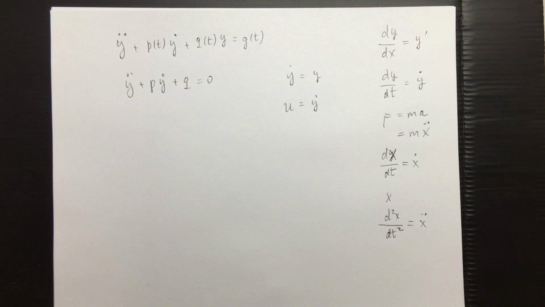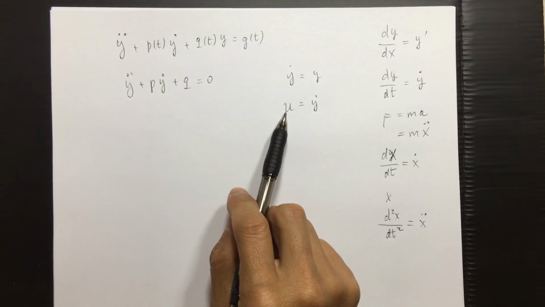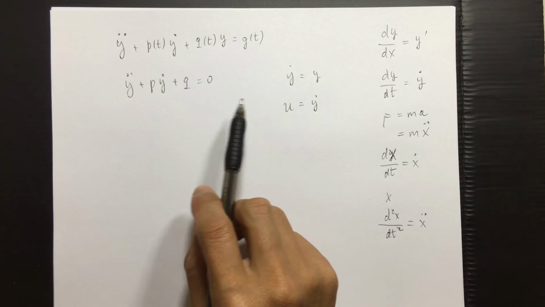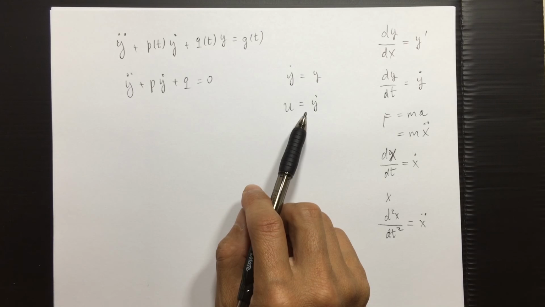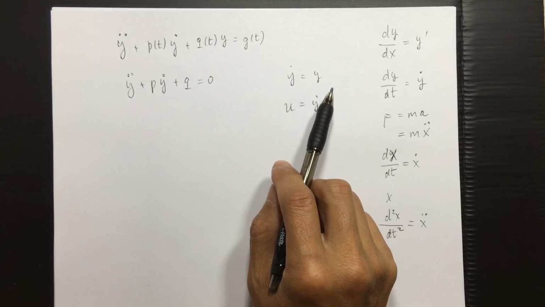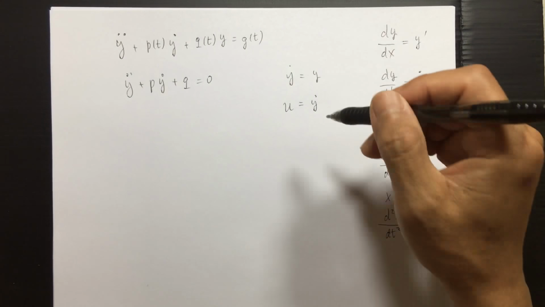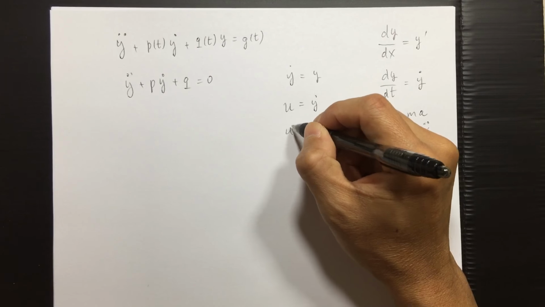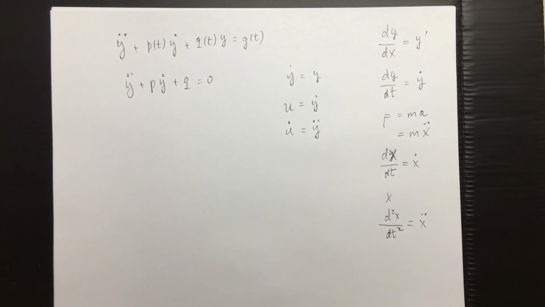Not really. What I'm trying to do is make this into u now. One dot came down, one dot disappeared, right? Yeah. I'm trying to make this into some kind of form that gets to this. In other words, if I do this, right, u dot equals to, I have that.